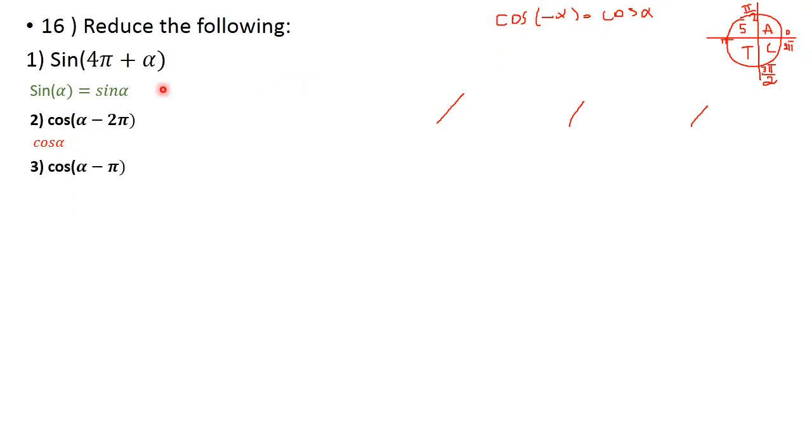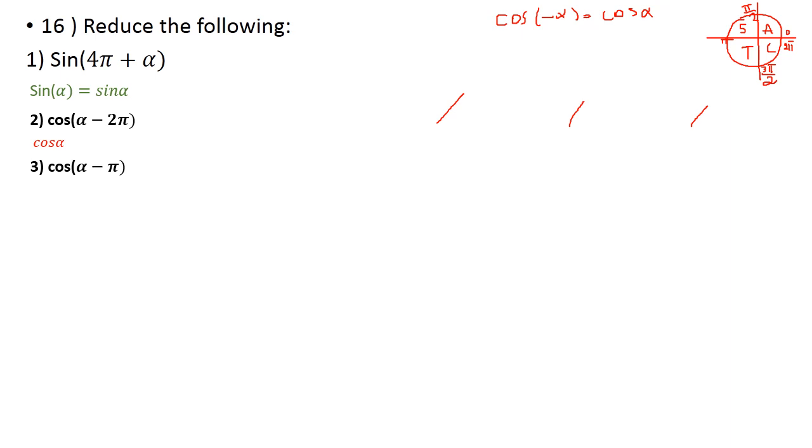Now let us take another example, which is alpha minus pi. As I told you before, it's not ordered in the correct form. It should be pi minus alpha, which means it's the negative. Okay, so it's the opposite. But pay attention, this is the only case that you have to pay attention to. You know that cosine minus alpha is the same as cosine alpha.